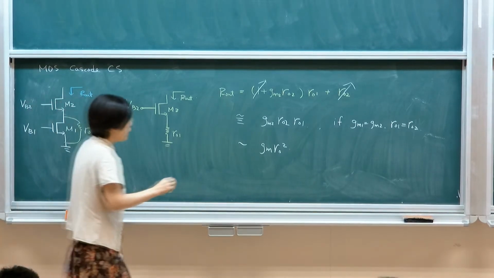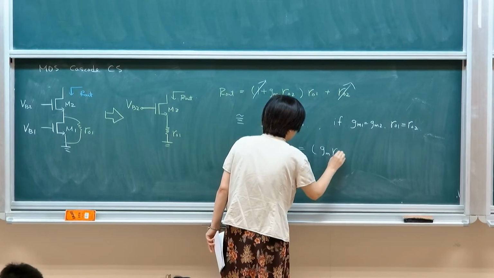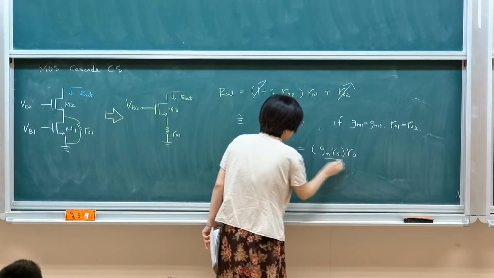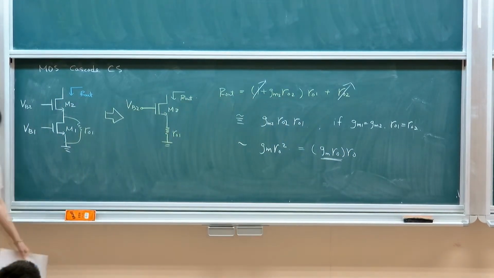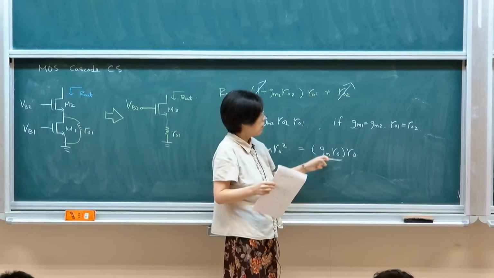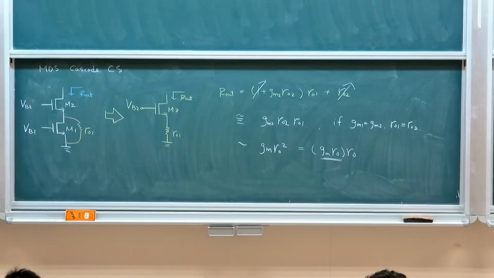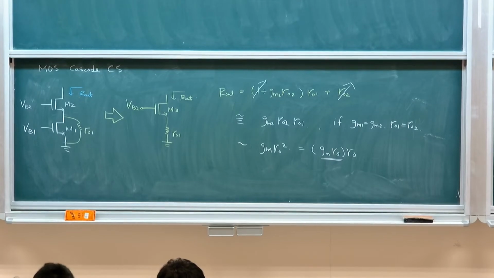So you flatten it out by a factor of gm RO. This is how much it flattened down. Originally, with one transistor, it's RO, times a factor of gm RO. So it's a very effective way of increasing output resistance when you do the stacking.